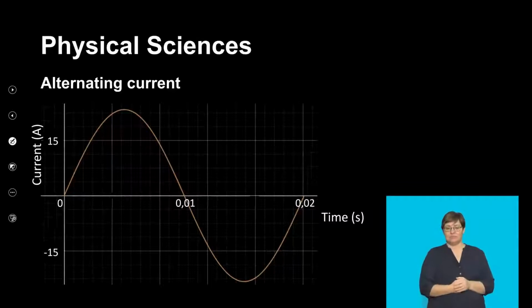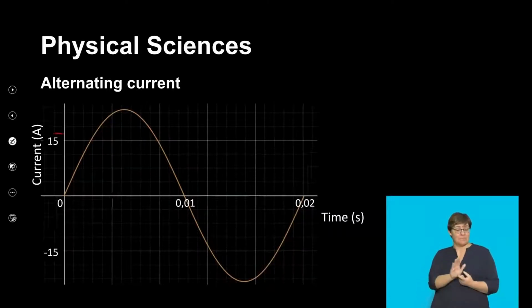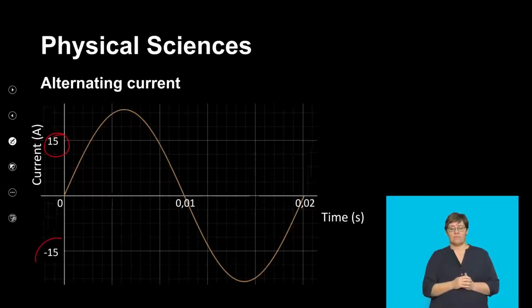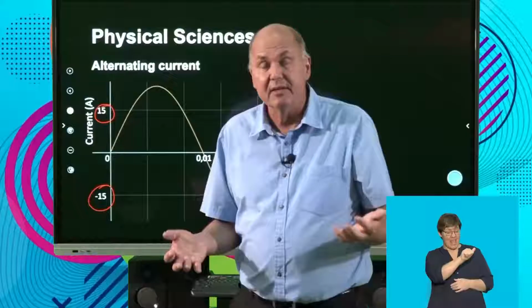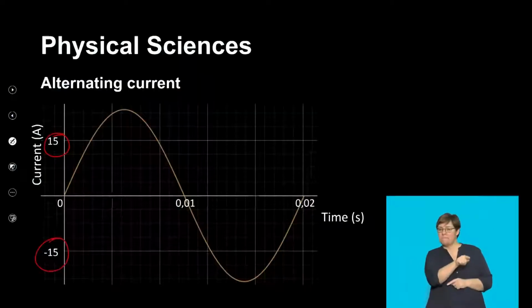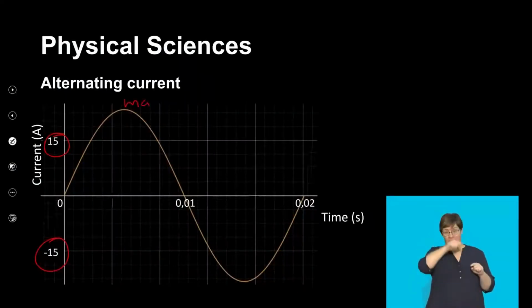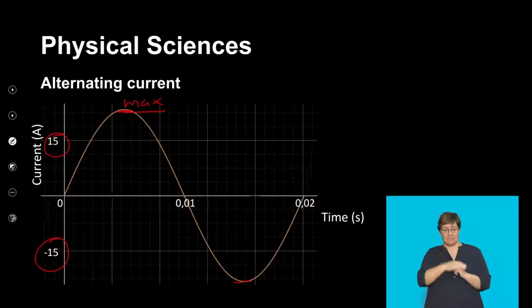So there's an interesting idea here: we've got the time that I've indicated before, and we've got an ampere reading of current. And 15 amps is quite a lot of current that is being distributed. But recognize that that's not the maximum. The maximum current happens at that point, and we would call that I max.